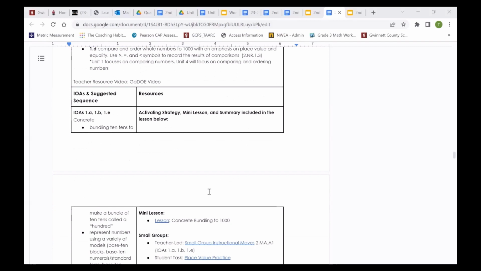Unit 4 begins with AKS 1 and IOAs 1A, 1B, and 1E under the umbrella of place value within 1,000. This cluster of IOAs is paced for 5 days.